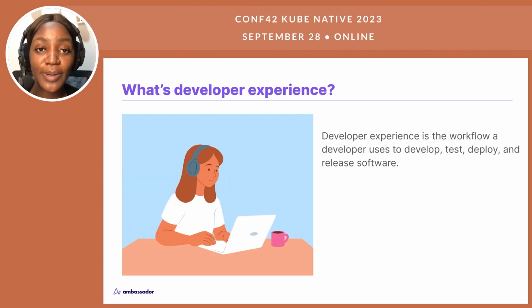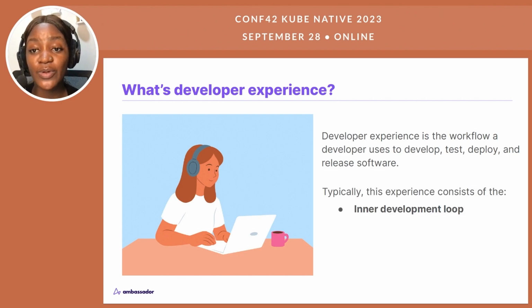I'm sure you probably know the meaning of developer experience, but let me quickly remind you of what that means. Developer experience is the workflow a developer uses to develop, test, deploy, and release software. It's pretty much what happens from the time they start writing code to when they push their code to production.